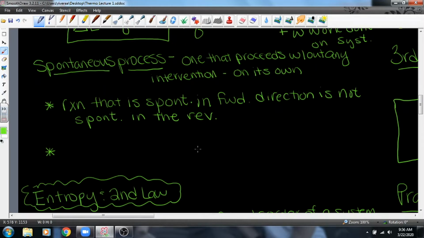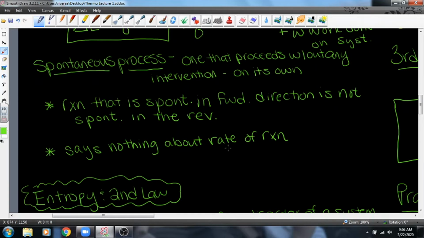And the other thing that I wanted you to recognize about the spontaneity of the reaction is that it says nothing about rate. It is not related to rate of reaction at all. So just because a reaction is spontaneous does not mean that it's fast, right?